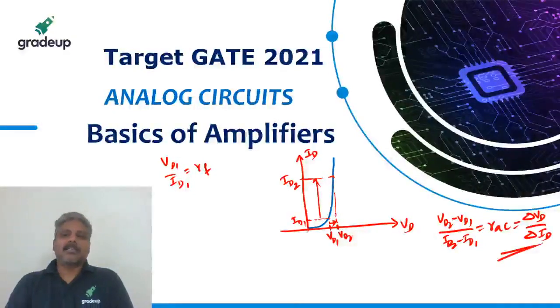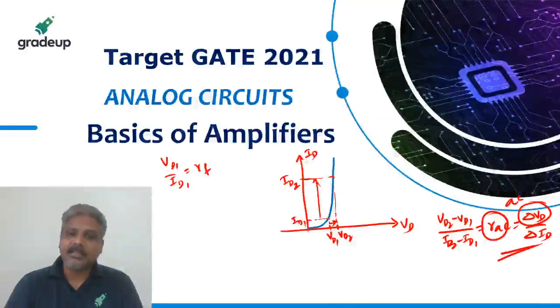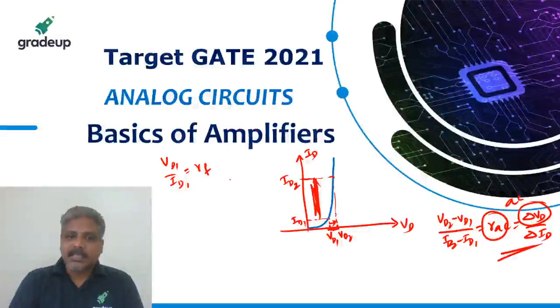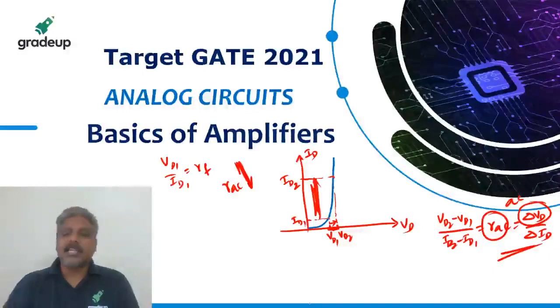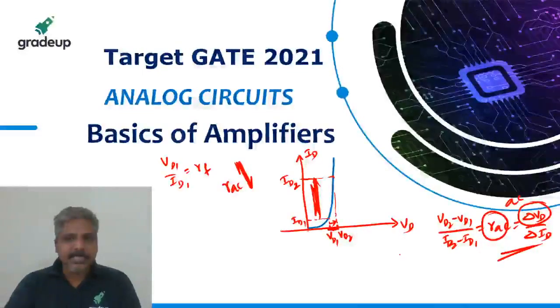A change in VD is nothing but AC. So this is the resistance offered by a forward bias junction, and if the voltage changes, the current dynamically changes, then the resistance offered by the junction dynamically changes, like the Zener dynamic resistance. This is what dynamic resistance means.